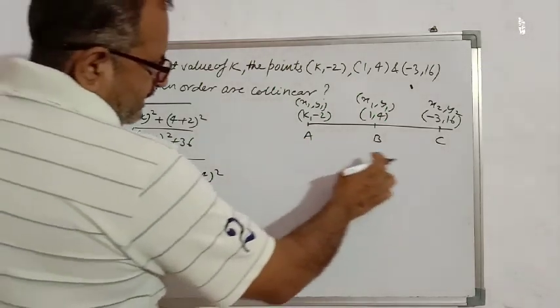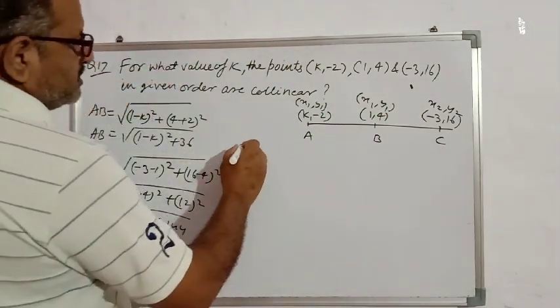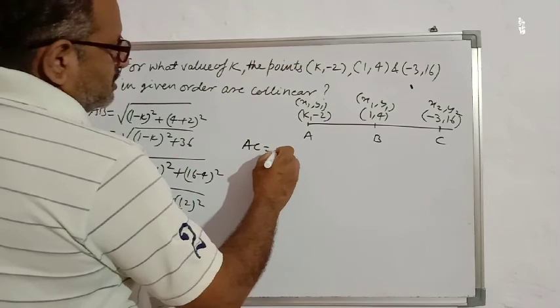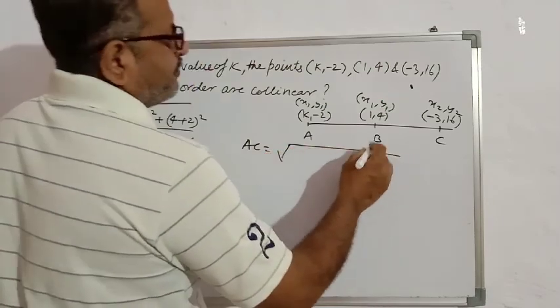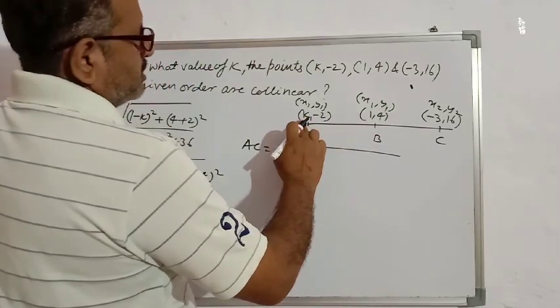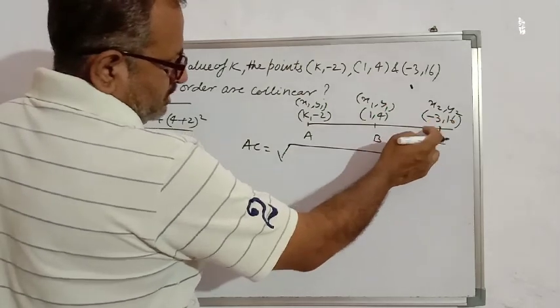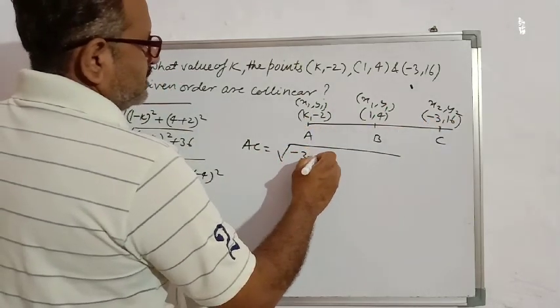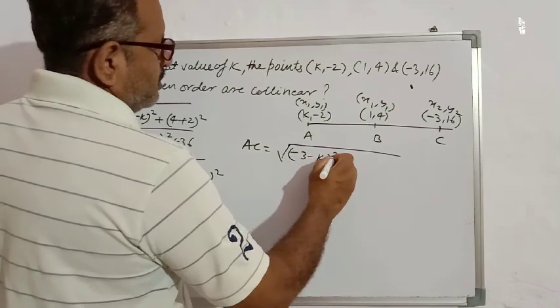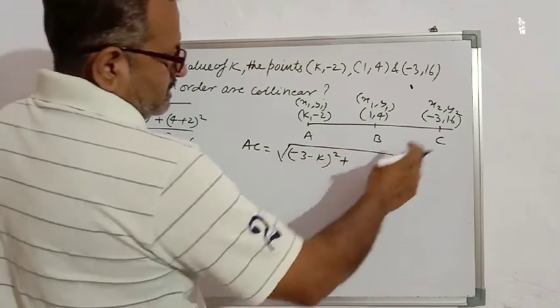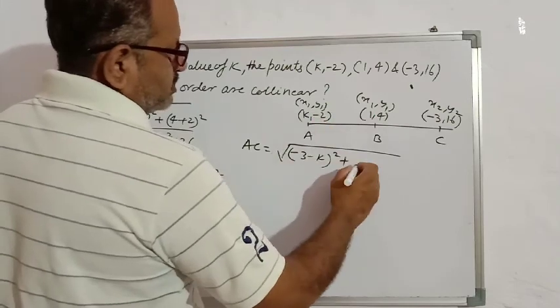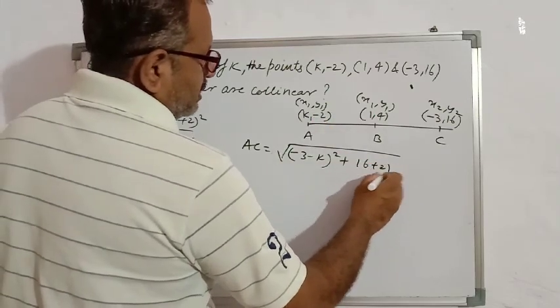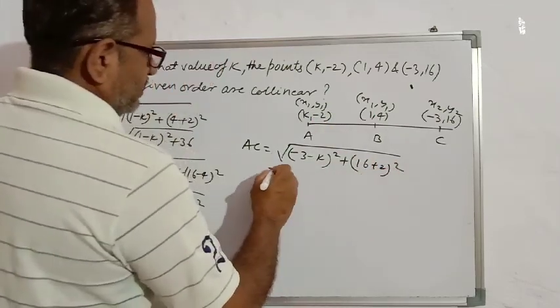Now we will find AC. So AC, this one x1 y1 and point C x2 y2. So minus 3 minus k whole square plus 16 minus minus 2, 16 plus 2 whole square.